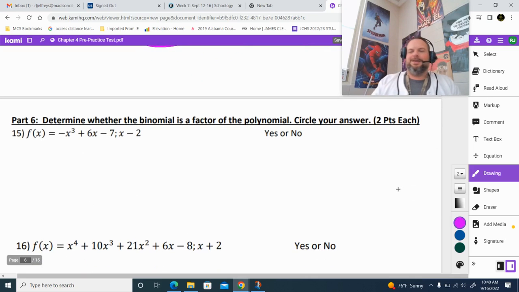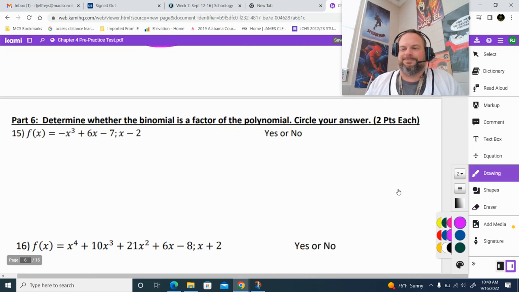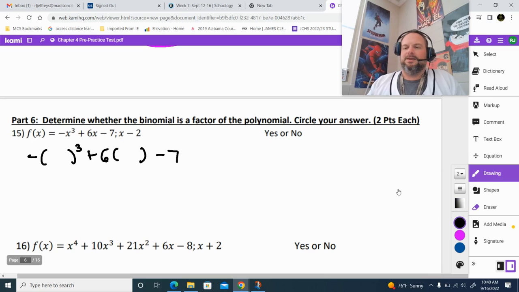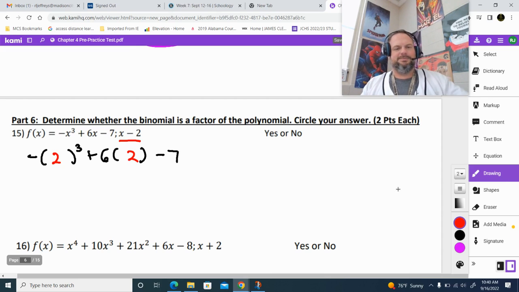All right. So, remember, this is all calculator work. That's why it's only worth 2 points. We have to do the opposite of minus 2, which is 2. And on these, if we get a 0, it's a yes.